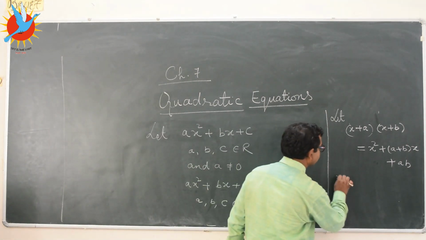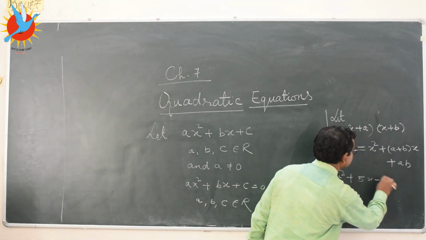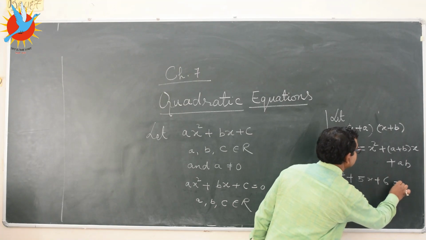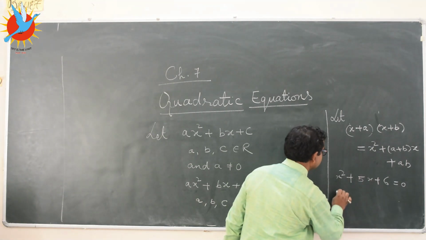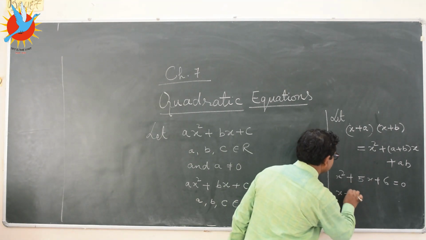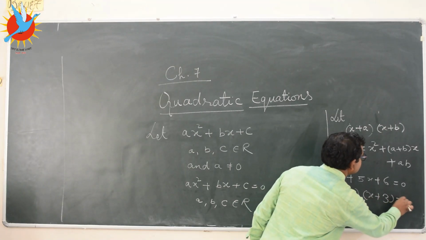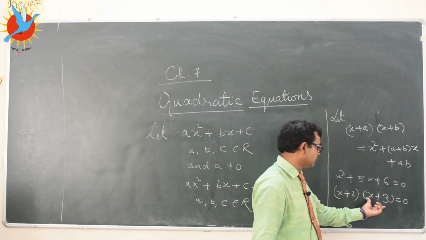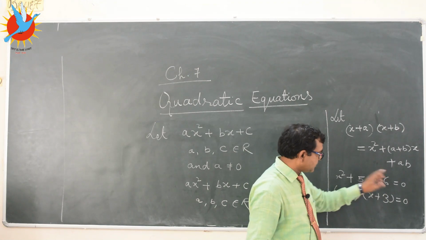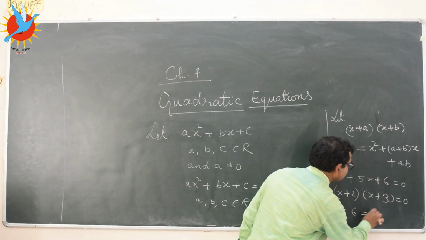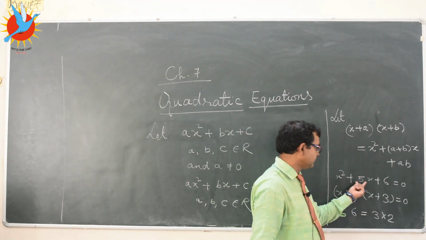So let us take a simple polynomial x square plus 5x plus 6 and equate it to 0. This is a quadratic equation. If you see, this will give x plus 2 into x plus 3 equal to 0. If you multiply these two, you will get x square plus 5x plus 6. Here, if we factorize 6, it gives 3 into 2, and if you add 3 plus 2, we get 5.